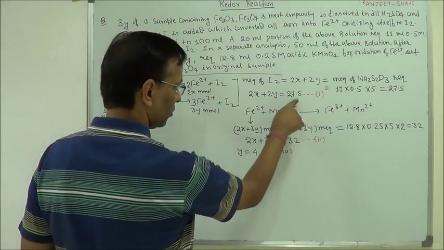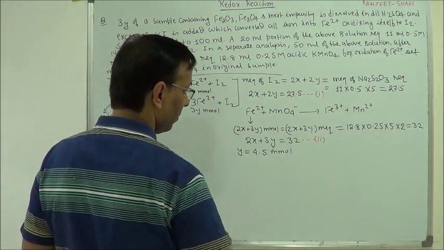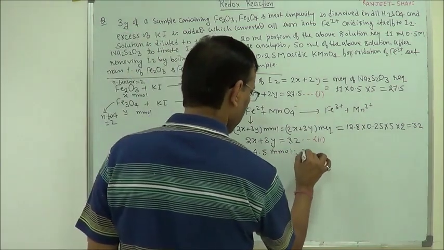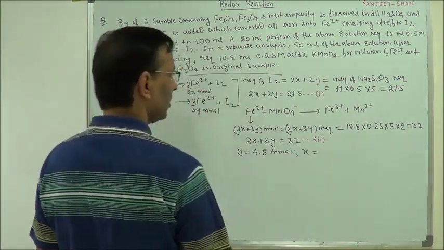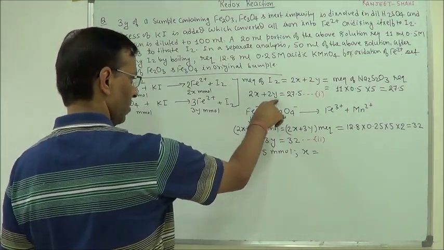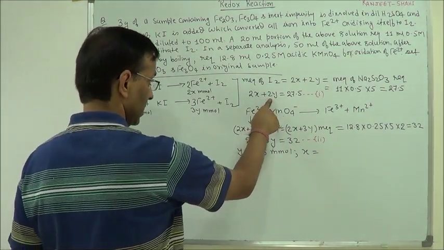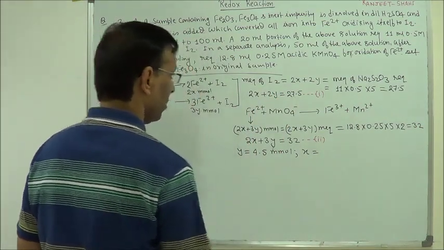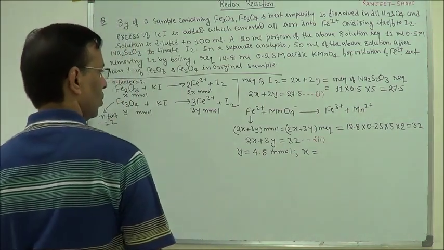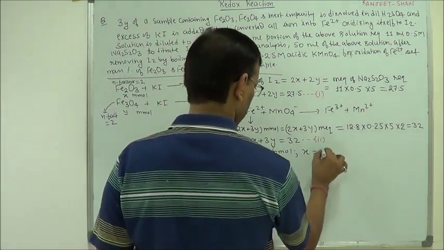So 32 minus 27.5 is 4.5, which will give x equal to how much? If we substitute y here, 4.5 into 2 is 9. If we subtract 9, 18.5 divided by 2, 9.25.